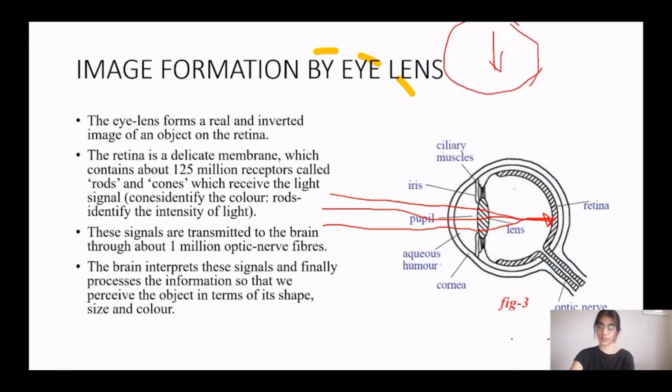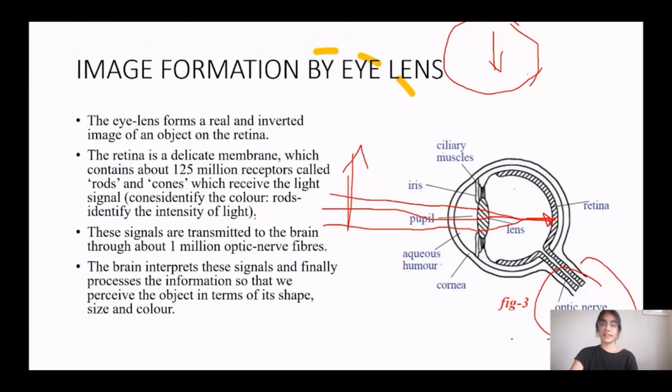But when you are looking at objects around you, your eye always sees the straight upright object. This is because this image message is carried from this optic nerve right here to the brain, and your brain inverts the image back, it straightens the image and tells you to see the object upright.